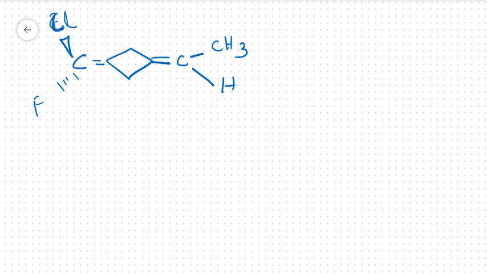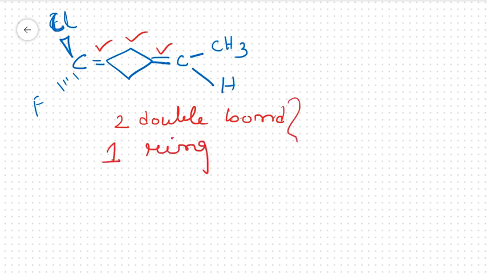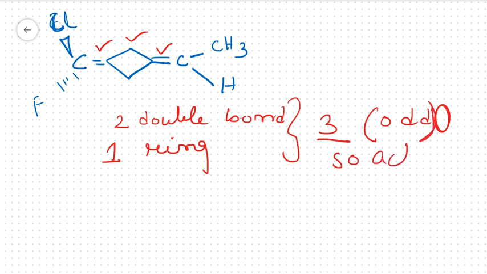Okay, so just see this one. This is 1, 2 and 3. That is an odd number, 2 double bonds and 1 ring. So the total becomes 3. So it is odd, so achiral.